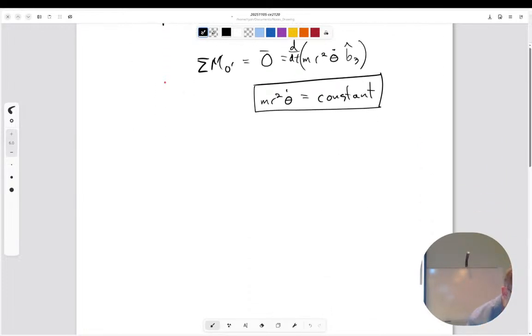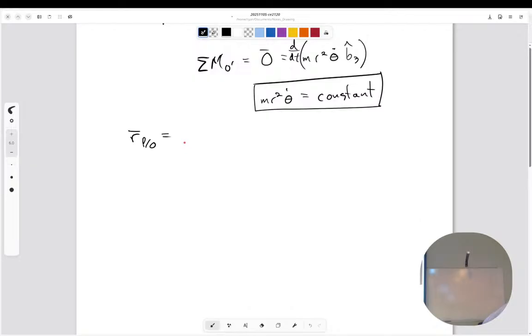So I'm going to rewrite our R_PO was V0T b1 plus R eR, and V_PO.